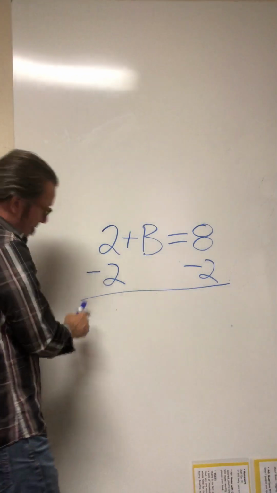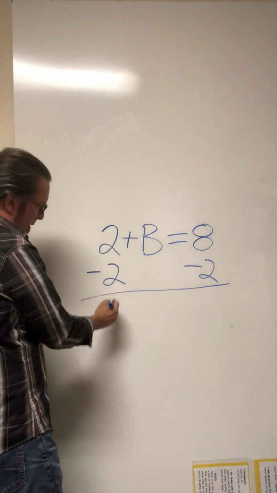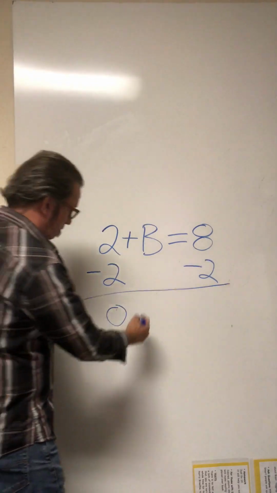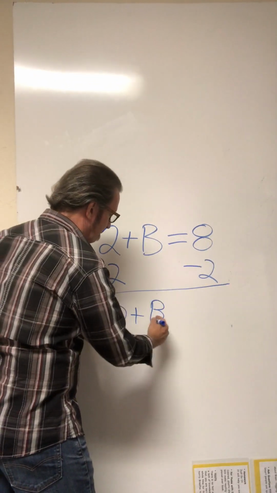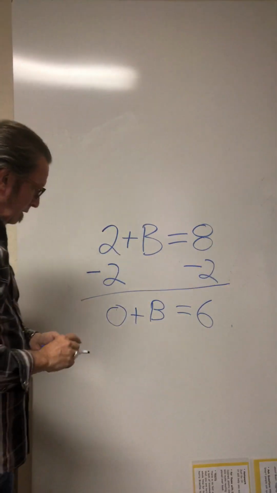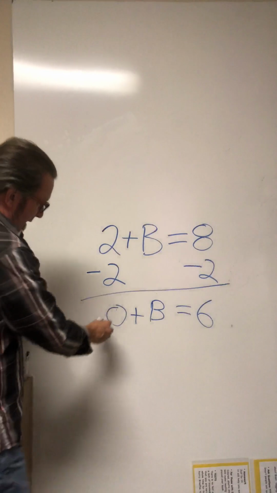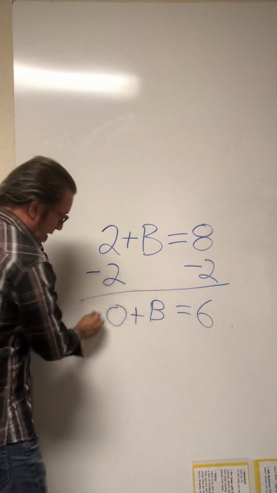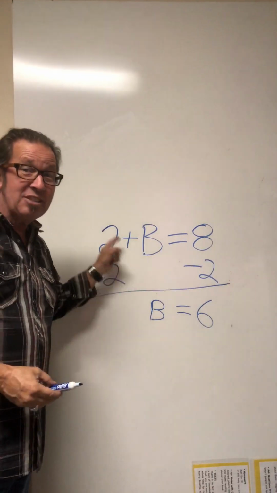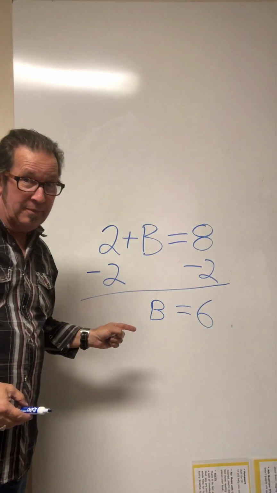That's the same number. If I subtract 2 plus minus 2, I get 0. Plus b equals 6. Well, 0 plus b, I can get rid of this. It's just a 0, right? And I get b equals 6. I actually solved that problem.